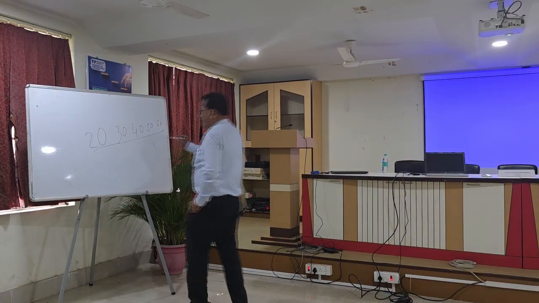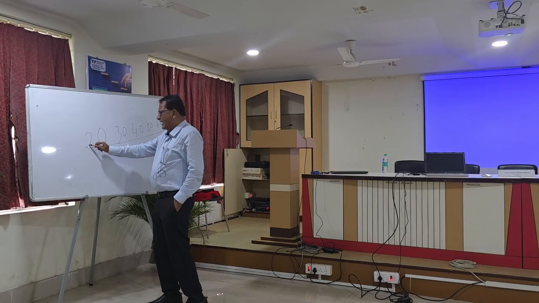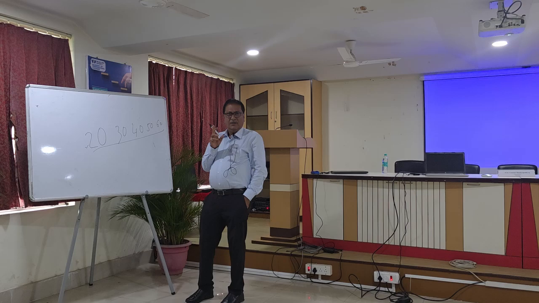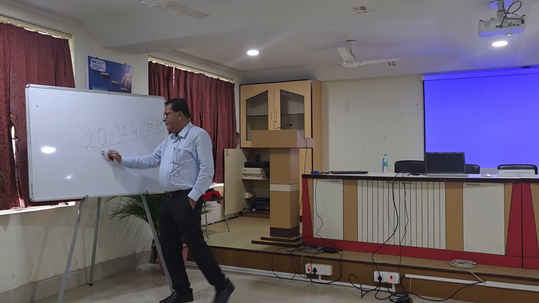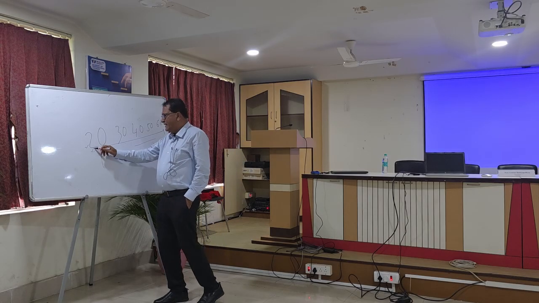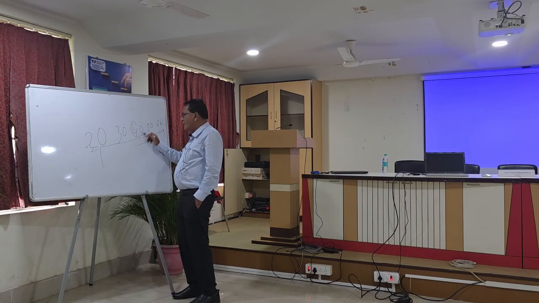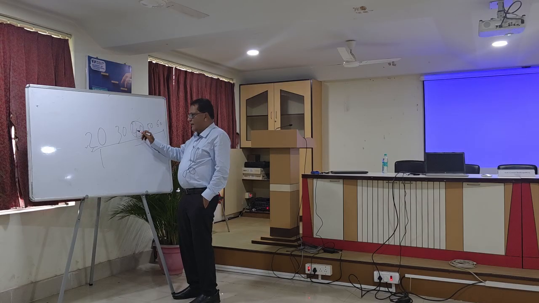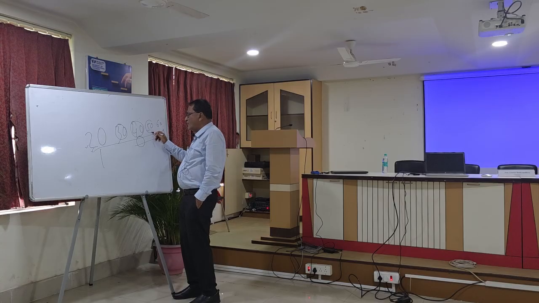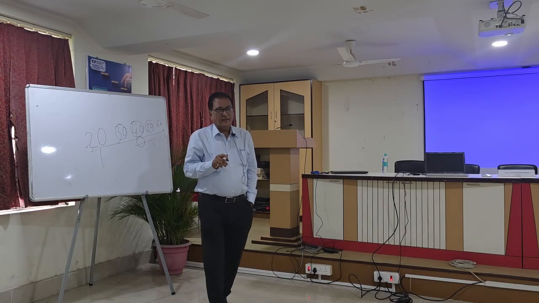When you get the data, you always arrange the data in increasing order, meaning minimum to maximum. And the interesting part is, for this data, mean equals 40, median also 40, Q1 equals 30, and Q3 equals 50.